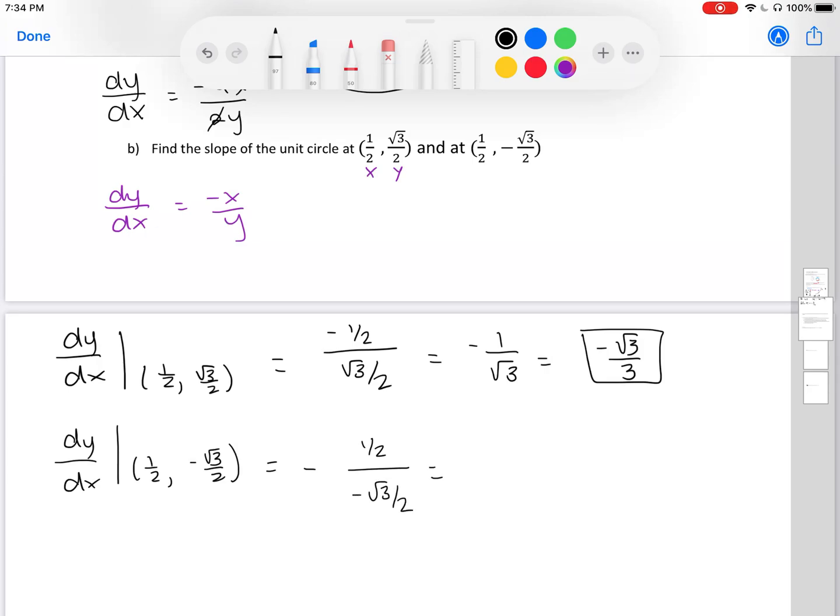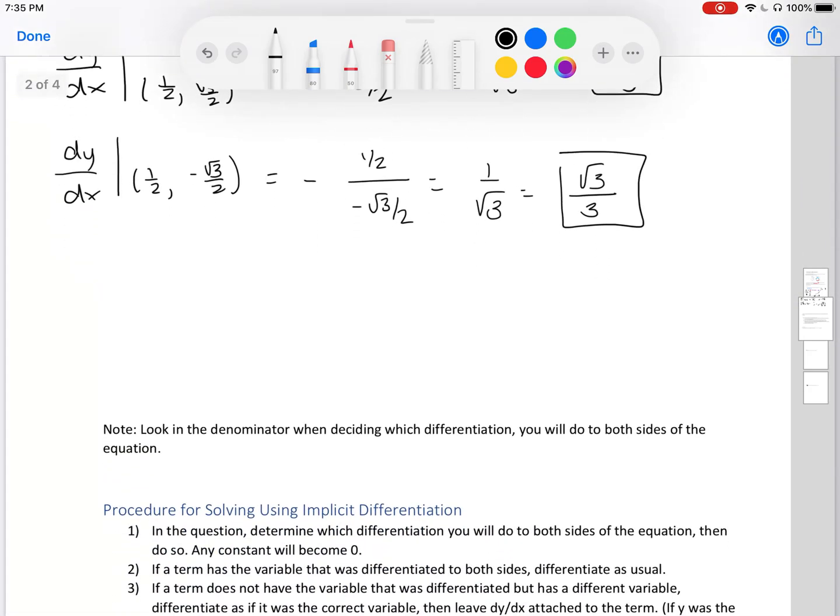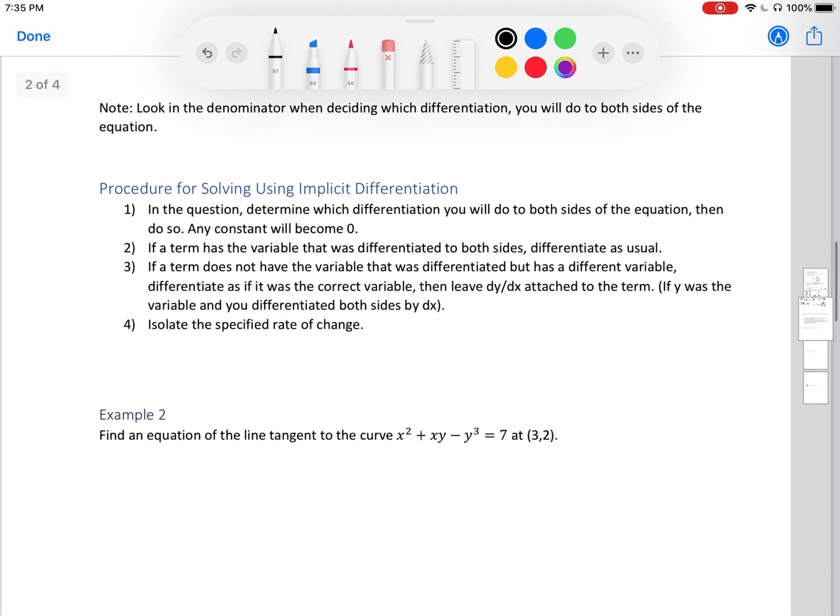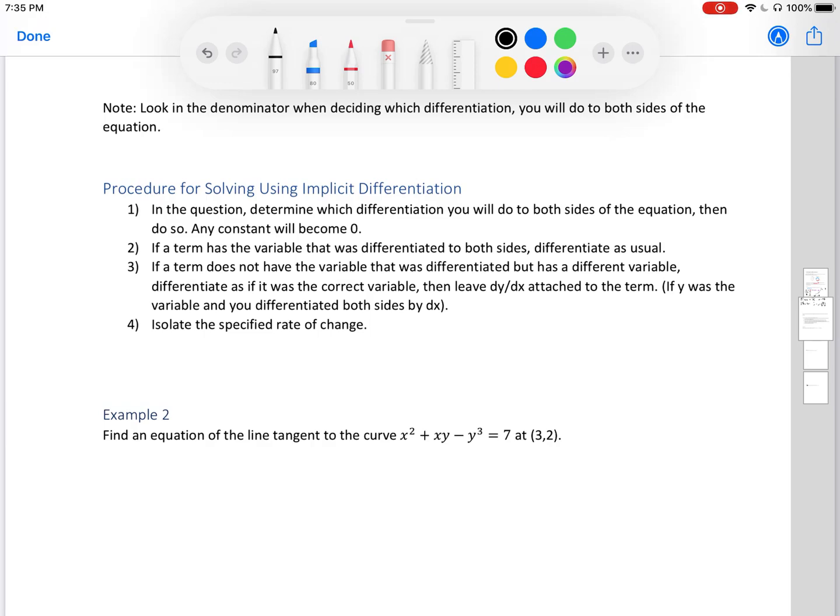So we have the same thing, but this time it's positive, 1 over square root of 3. So we get square root of 3 over 3 as our answer. Note, look in the denominator when deciding which differentiation you will do to both sides of the equation.